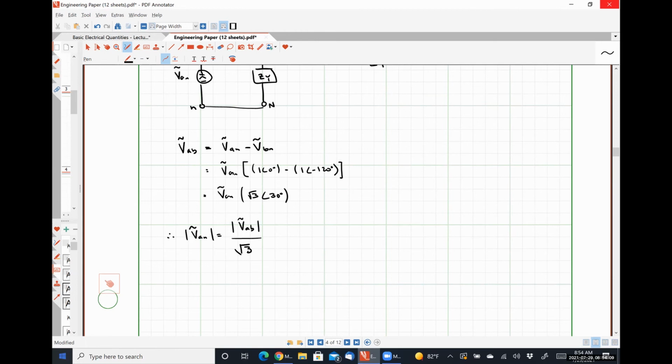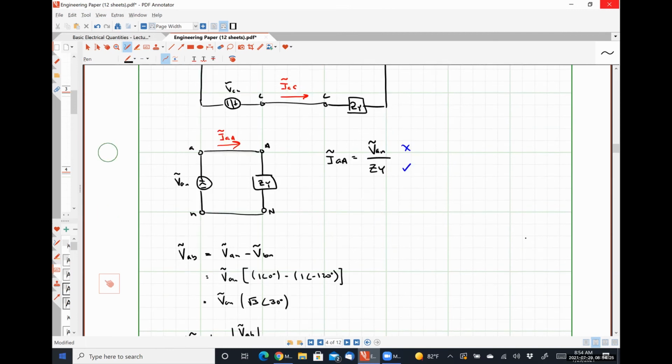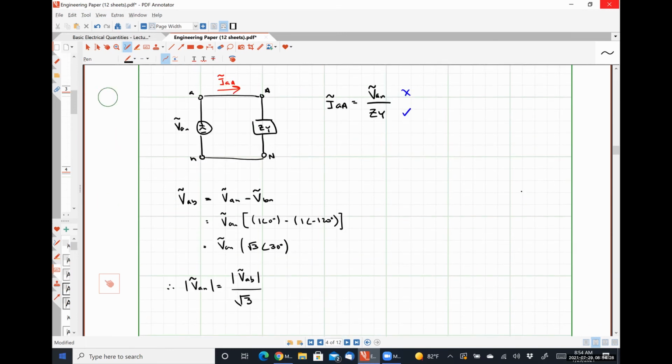Now I want to be clear here. I'm not carrying that angle 30 degrees bit because we know that the angle for VAN is 0. We were given that, right? So I'm strictly dealing with the magnitudes here. So does the math that I've done here make sense? VAB magnitude, divided by root 3 angle 30 degrees is equal to VAN.